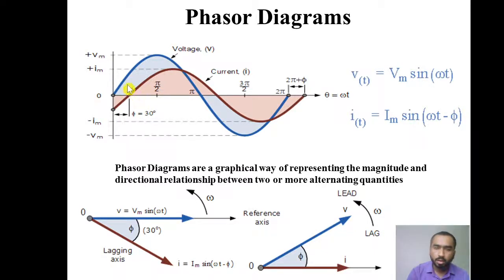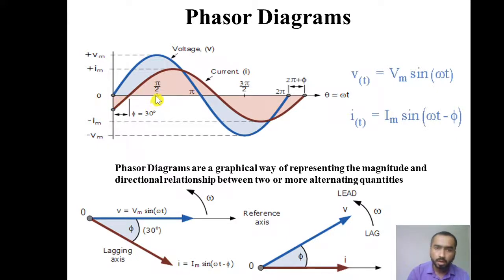Then this is the equation for voltage. V of t, where t means time, is the instantaneous voltage. In an AC signal, at various instants the amplitude or voltage is different. If we check the voltage at this point, we get 0.